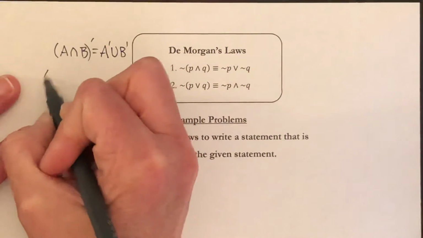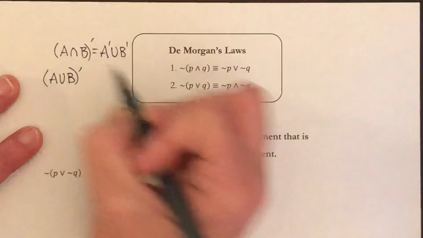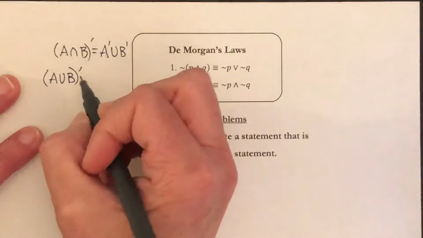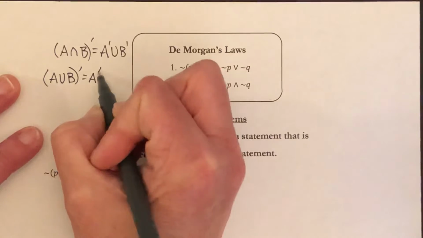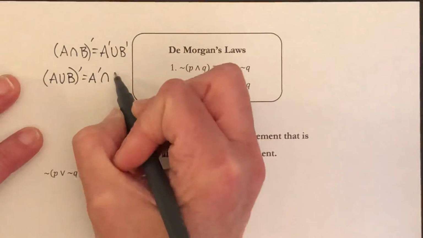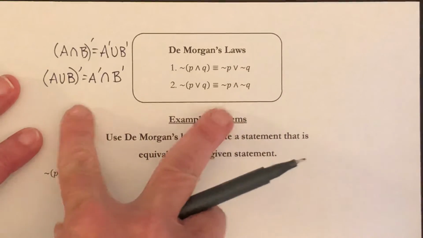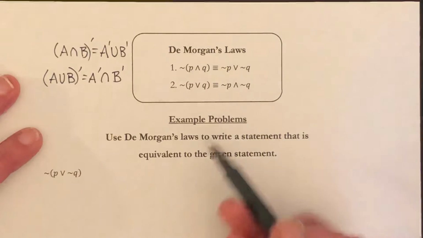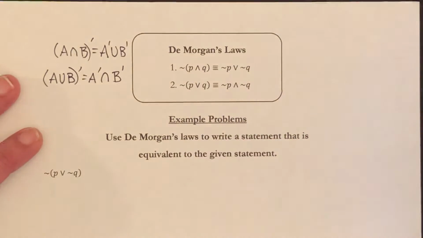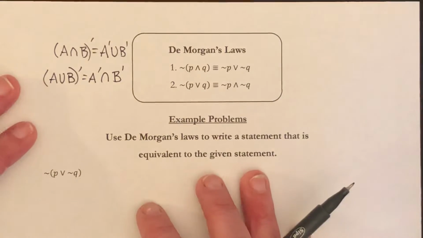Then you had the other version, where you're looking for the complement of an intersection, and you would get the complement of A union the complement of B. You can see our symbols are slightly different, but this means everything that is not, and this would mean everything that is not. So they're really very similar.